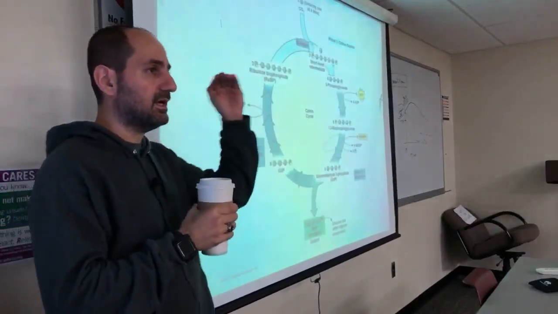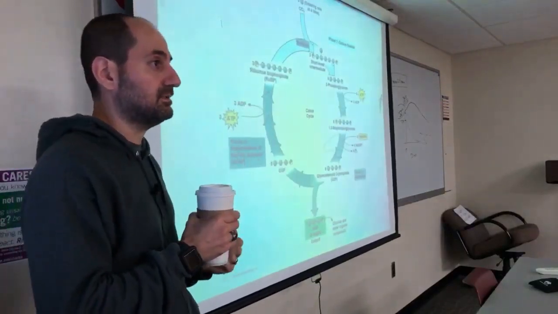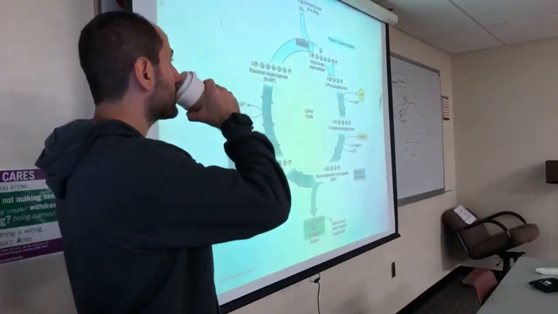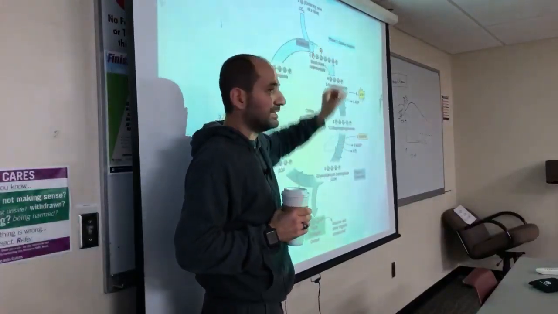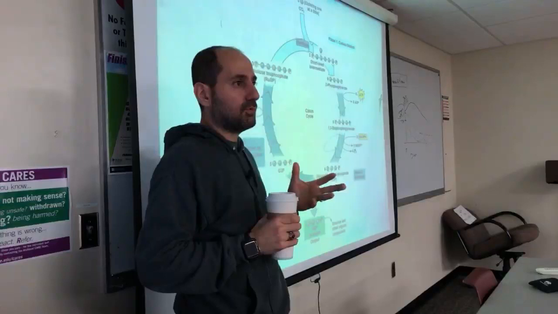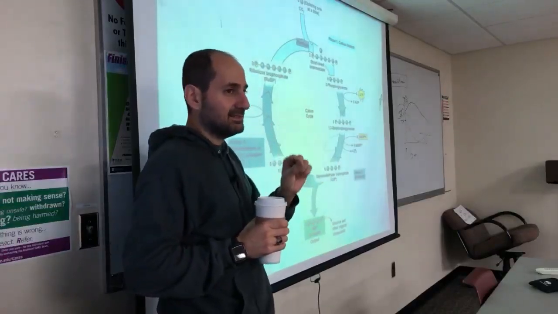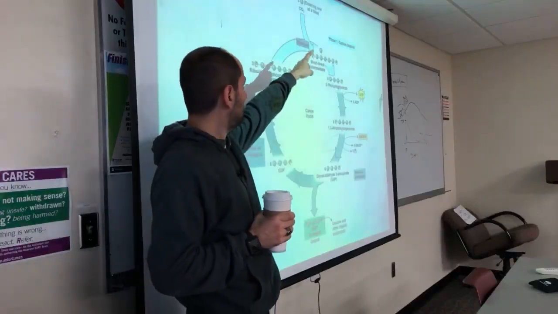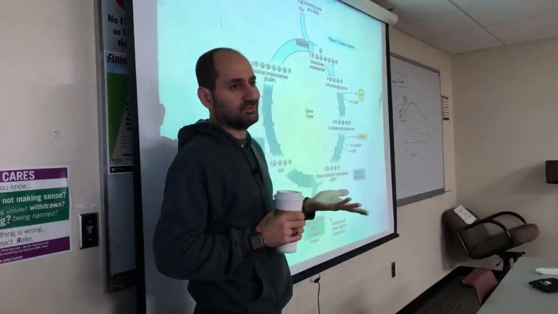You don't need to know every single little step. But what do you need to know? You need to know the main things. The enzyme rubisco. I know it's weird because I told you before that enzymes usually end with ASE. This is an example of an enzyme that doesn't end in ASE. Okay, it's rubisco.